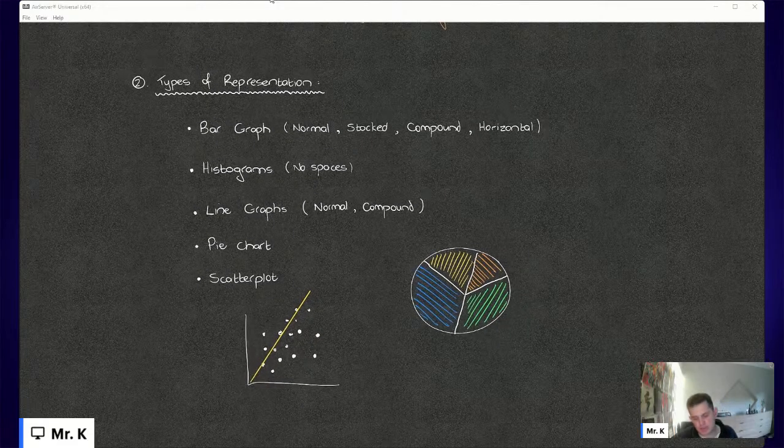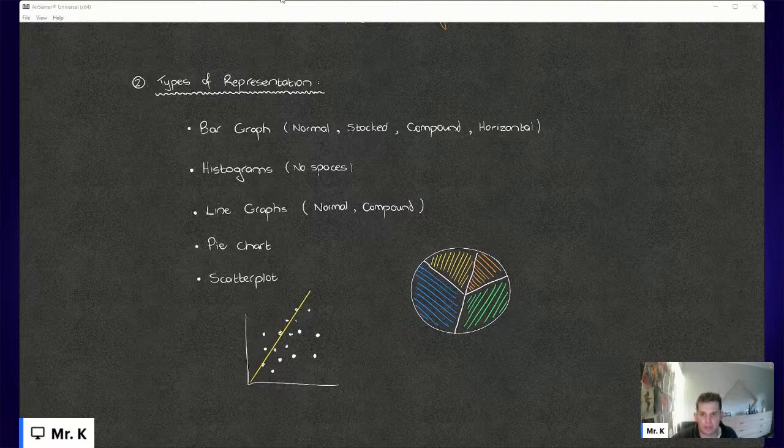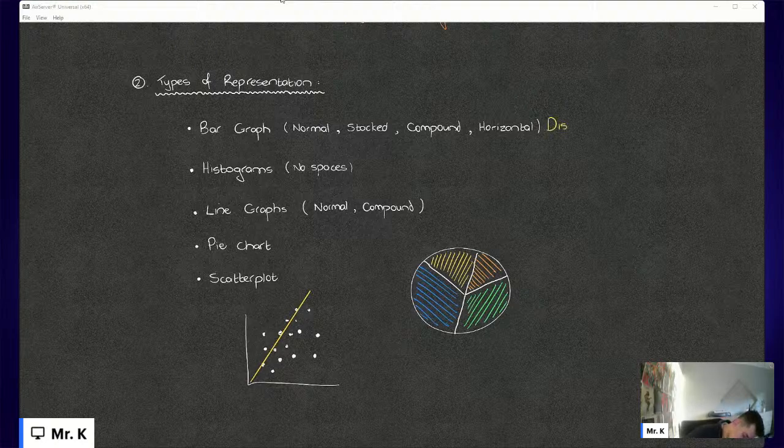So it's great that we get to know the different types of graphs that we use, but it would be a little bit more helpful if we knew what type of data would be best represented on each of these types of graphs. So let's start at the very beginning with our bar graphs. Bar graphs are very good at representing discrete data, right?